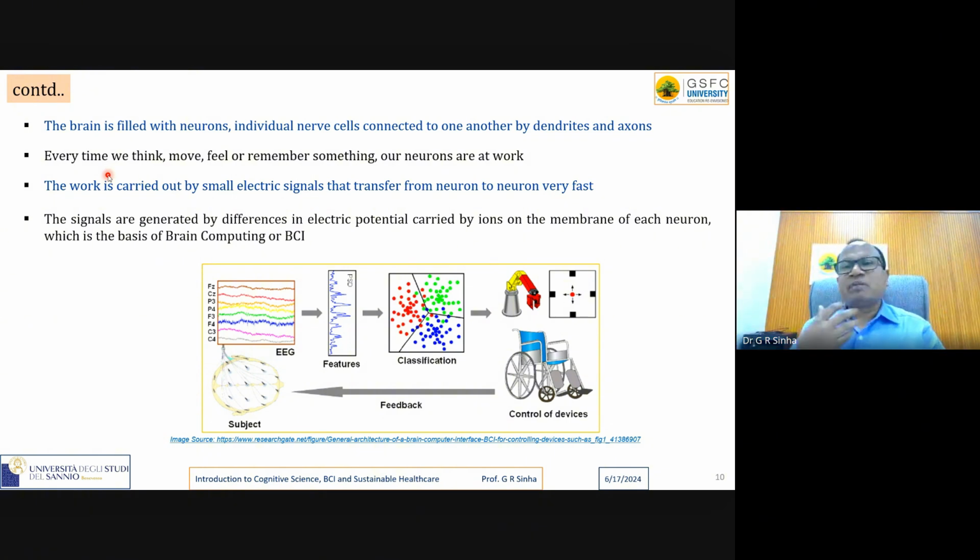Whenever we do something, think something, feel something, move something, recall something, or whenever our mood changes, we are happy, upset, excited, anxious, in all these different activities and moods, a different brain signal is generated, and therefore the neurons inside the brain are at work.